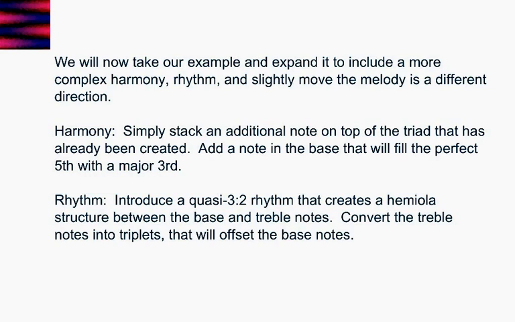With respect to the harmony, what are we going to do? Well, the simple stacks that you saw in that previous piece of music, we're going to add an additional note on top of those two notes to create triads. The note that is actually added is going to fill that perfect fifth with a major third.